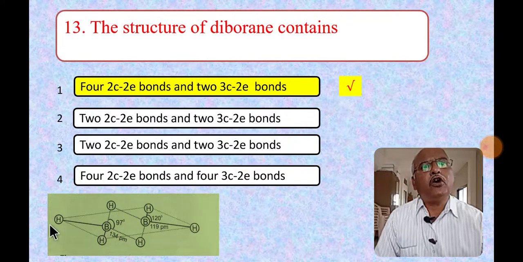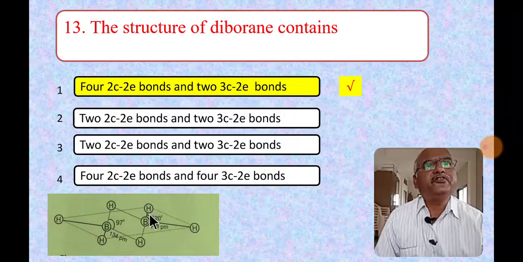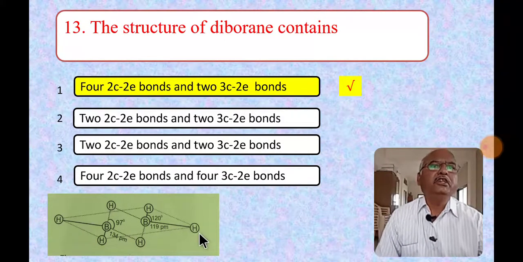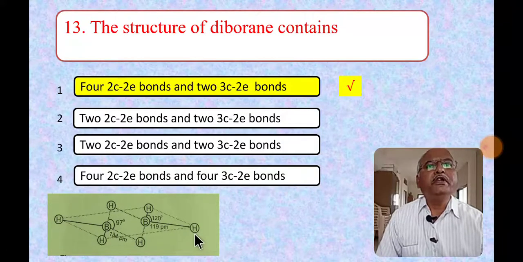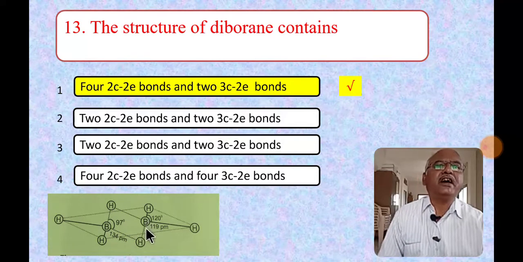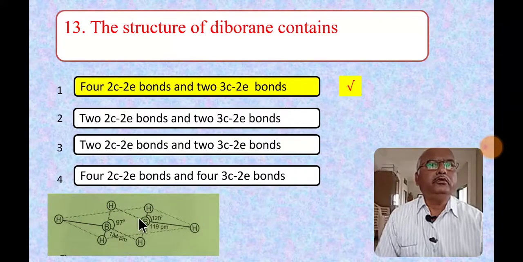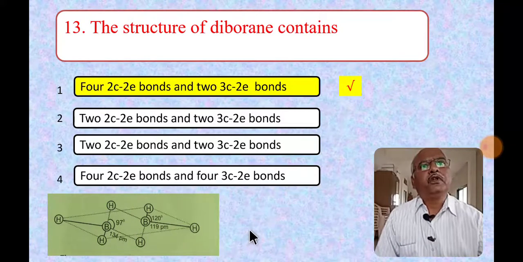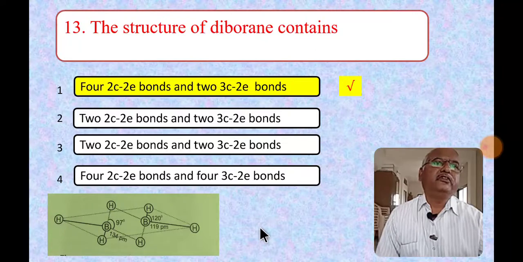This is a terminal BH bond. These are 4 terminal bonds known as 2-center 2-electron bonds. This boron, hydrogen, boron, similarly boron, hydrogen and boron, these are 3-center 2-electron bonds. So, option 1 is the correct option.